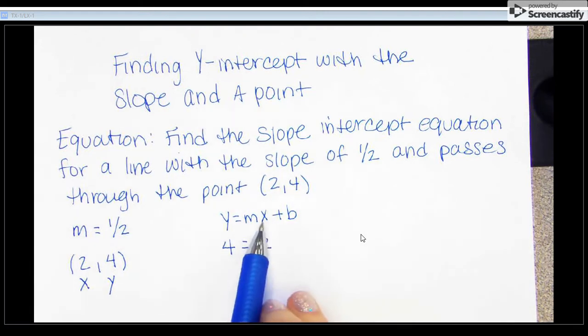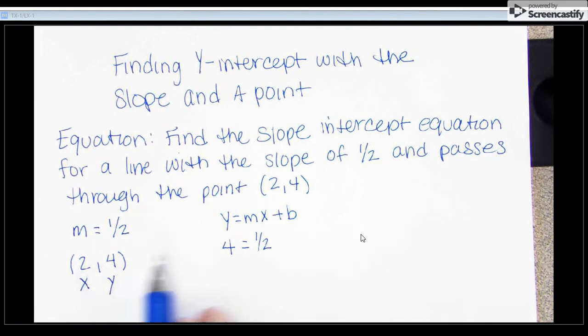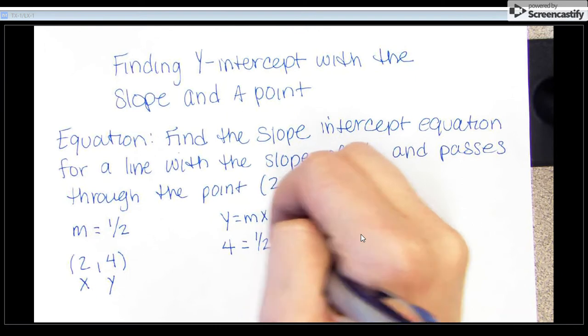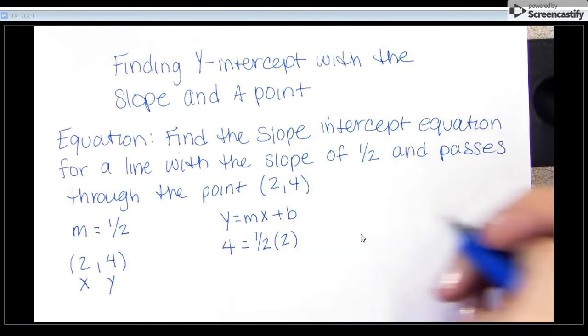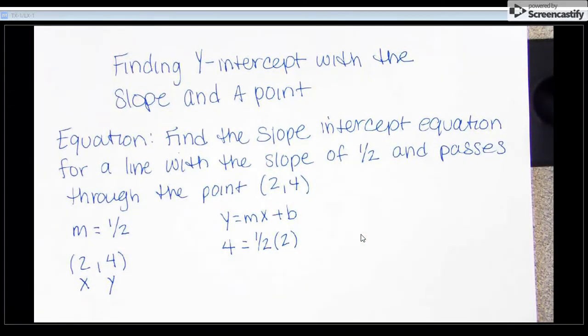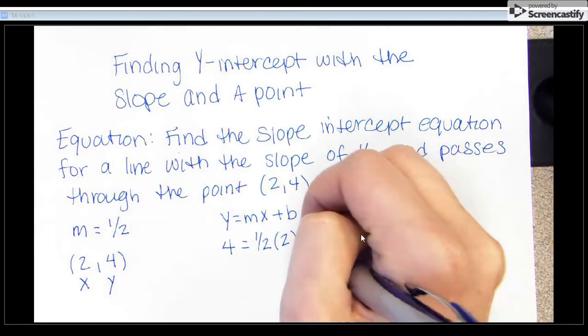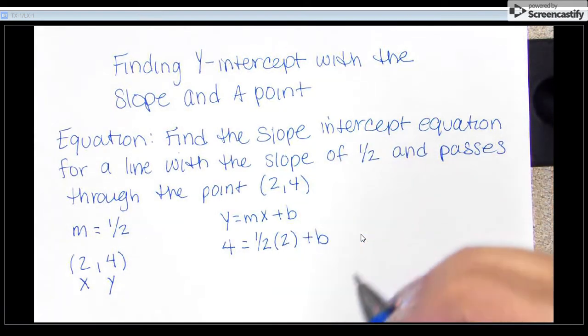Then I'm going to replace my x with 2. Since m and x are right next to each other, I'm going to put parentheses around 2, so I know that I have to multiply. And then I'm trying to find out what my y-intercept is, and that is represented by b. So all I did was write plus b at the end.